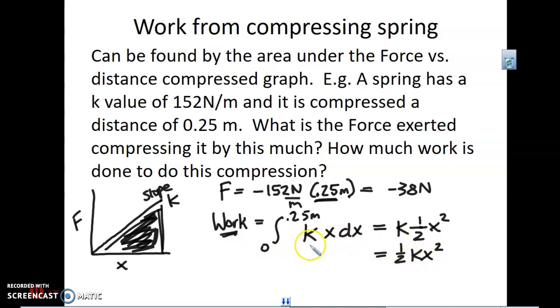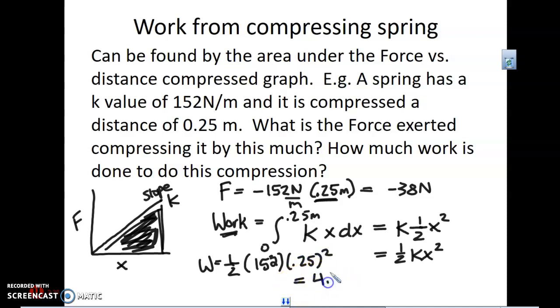If you want to know the work that was done in compressing it by that much, this is what you'd do. The work is going to be 1/2 times the K value times the distance that it is stretched squared.